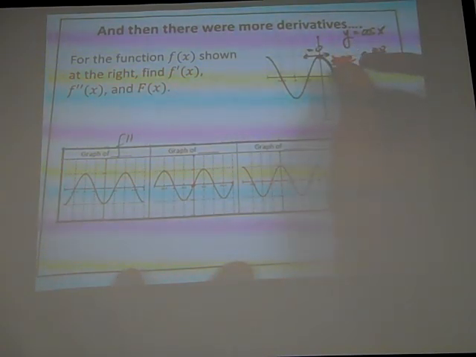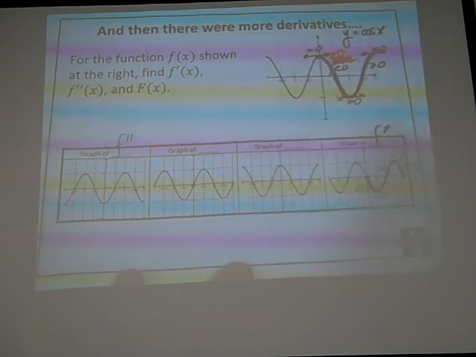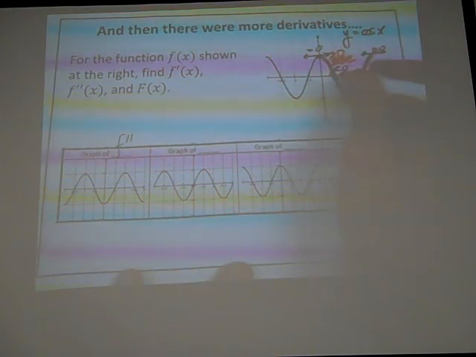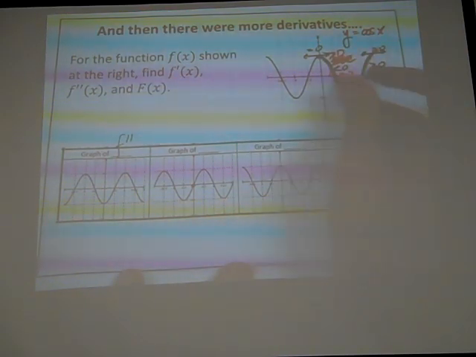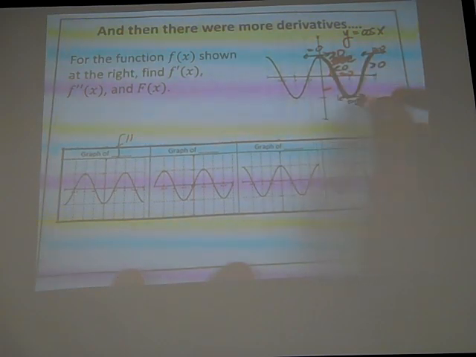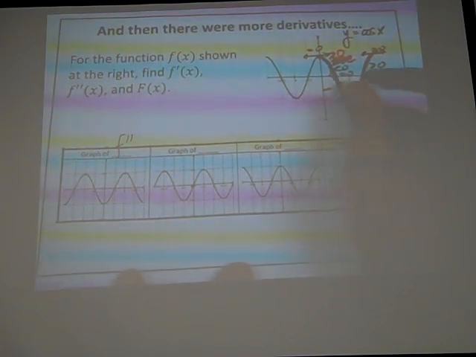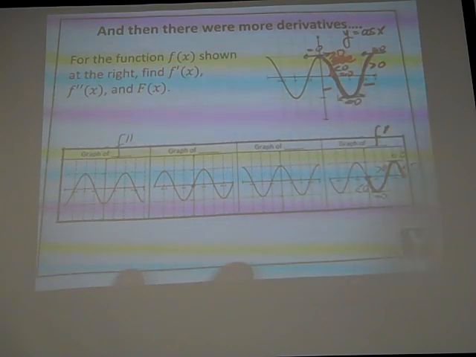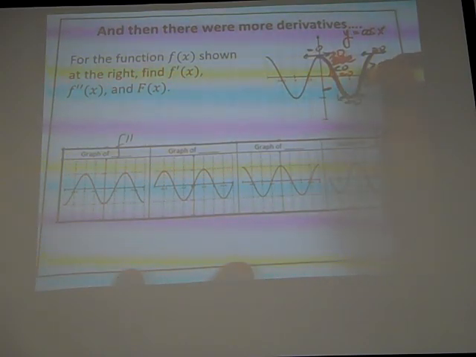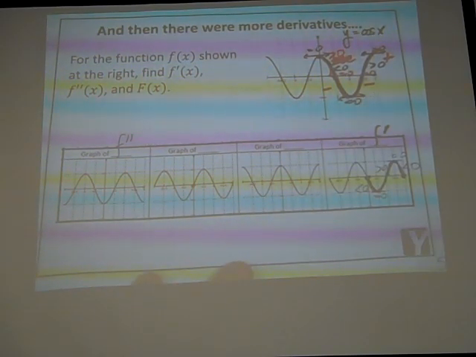And my original function is positive. It's above the x-axis. Then it's equal to 0. Then it's negative. It stays negative until the next root, where it's equal to 0. And then it's positive.